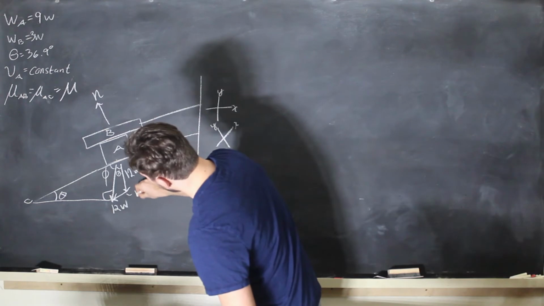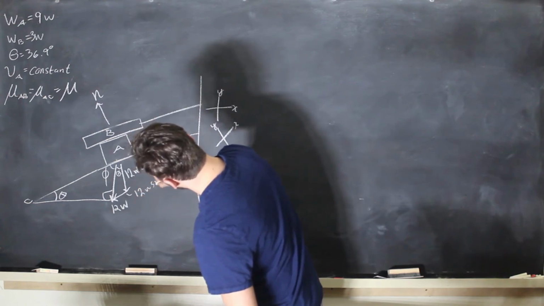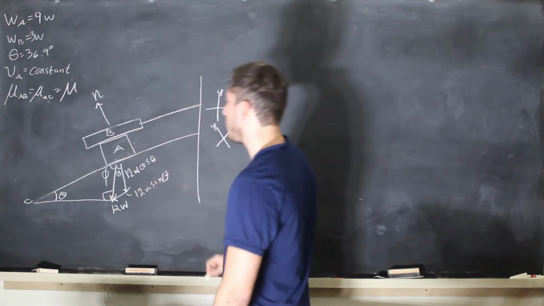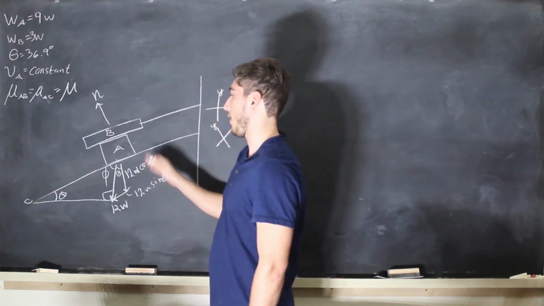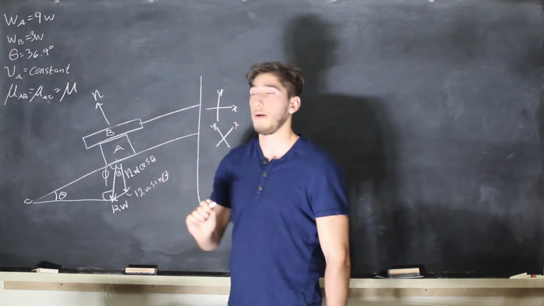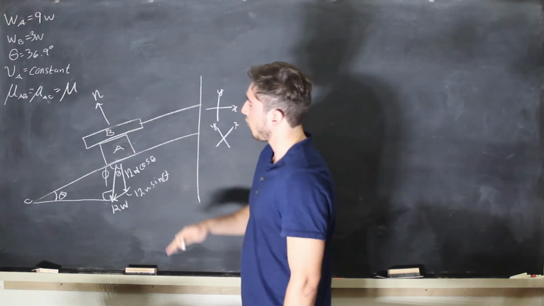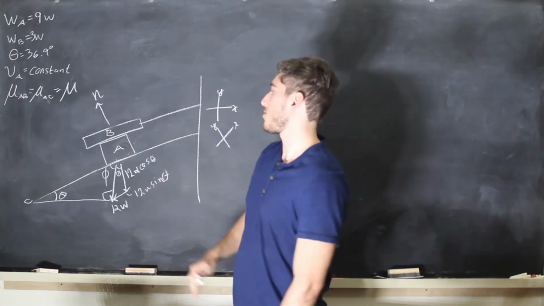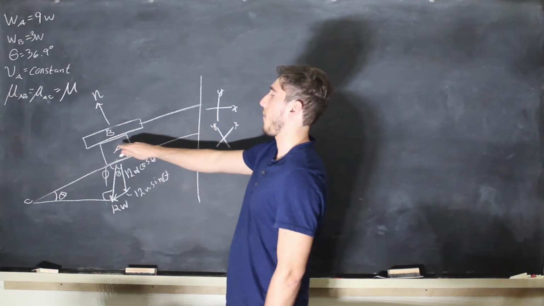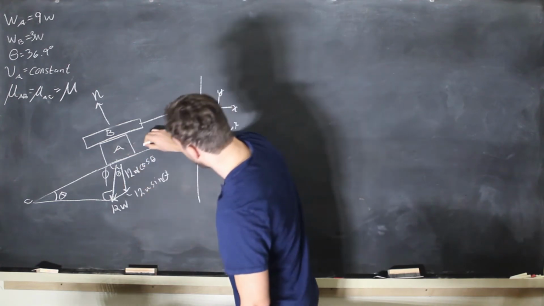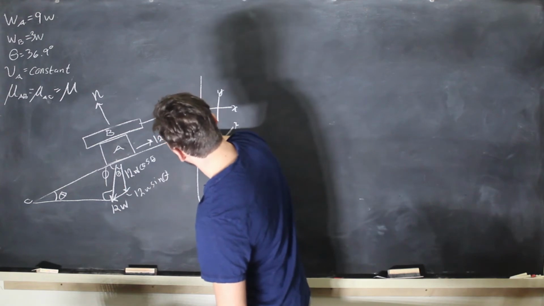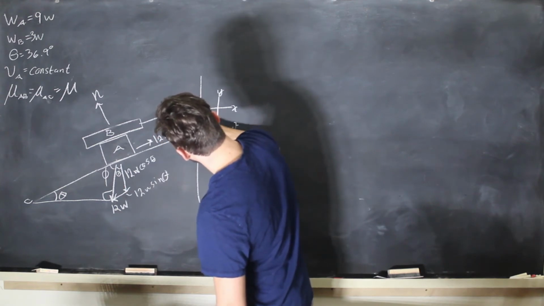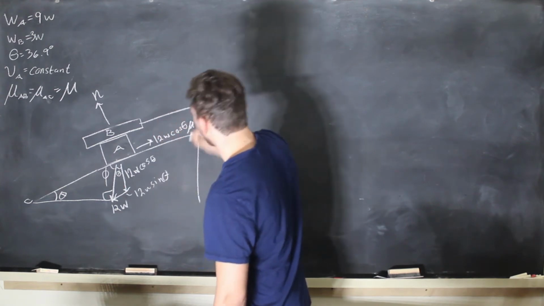And this vector is going to be 12W sine theta. And this means that the normal force on A is 12W cosine theta, which means that the friction force between mass A and surface C is going to be equal to 12W cosine theta mu.